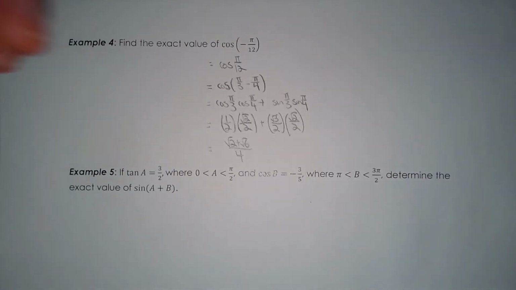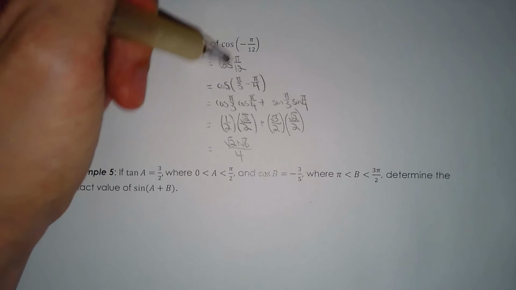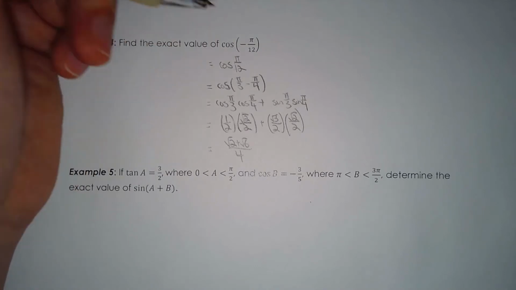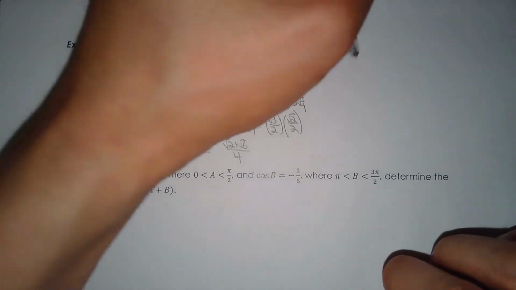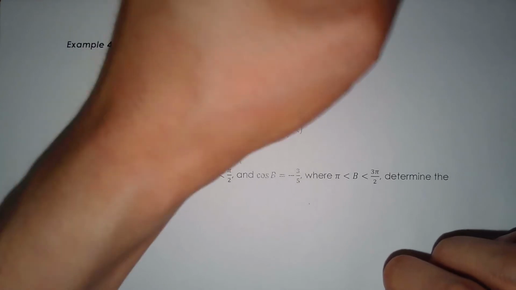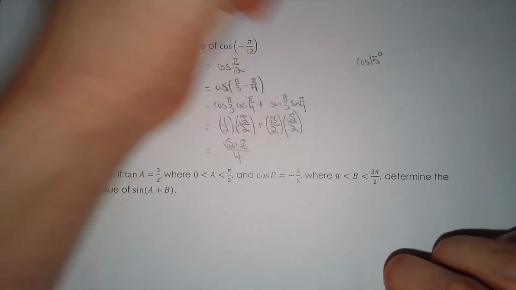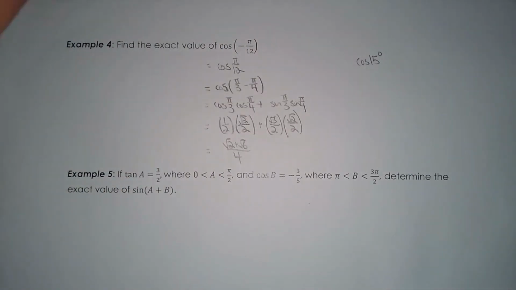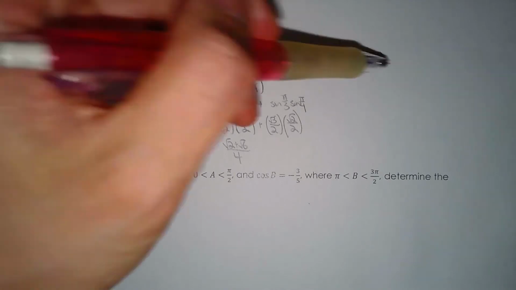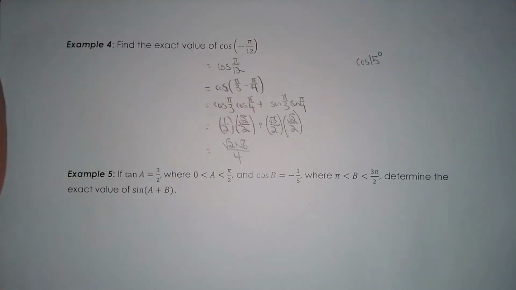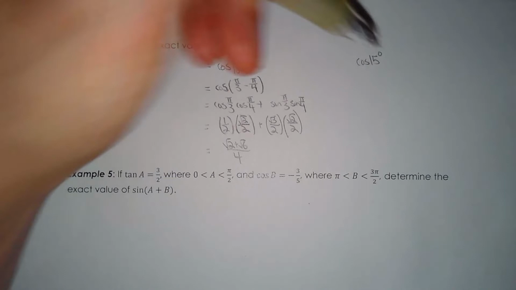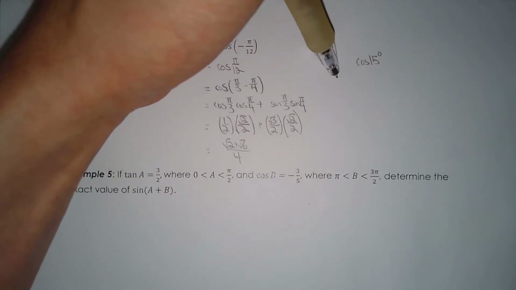Okay. One side note, I'm going to change pi over 12 into degrees just to help you visualize this question. Pi over 12 is 15 degrees. So you could write cos of negative 15 degrees, but I'm just going to leave it as cosine of 15 degrees. This is showing you how beautiful the compound angle is.